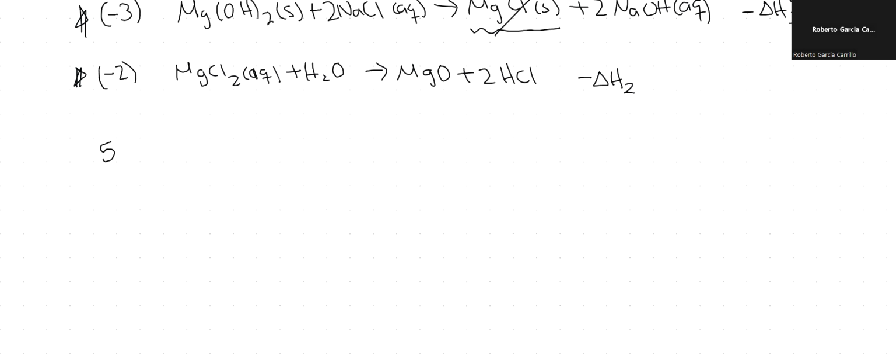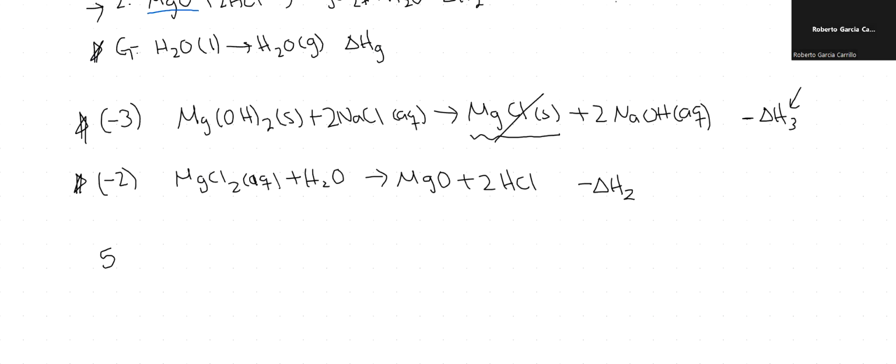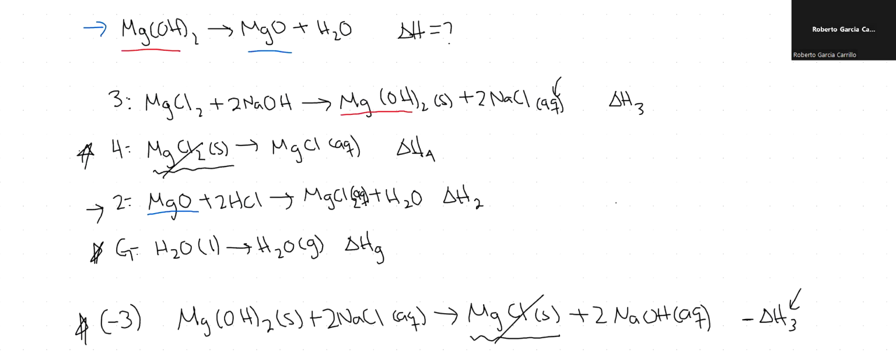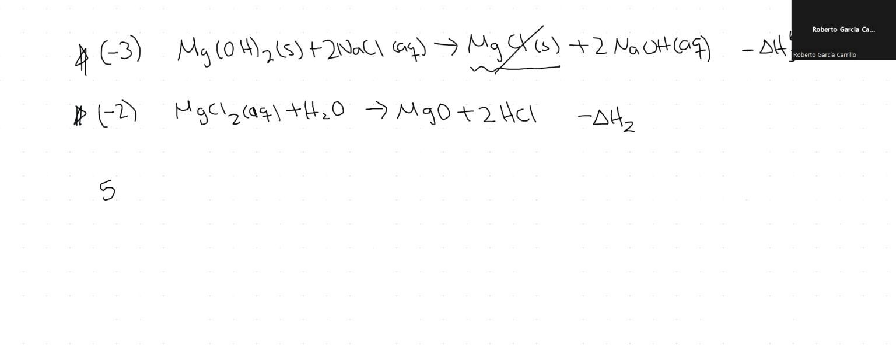So the 5th reaction, did I write it here? Oh, I missed it, sorry for that. So pot number 5 used magnesium chloride, aqueous. Oh, no, sorry, they didn't use it.